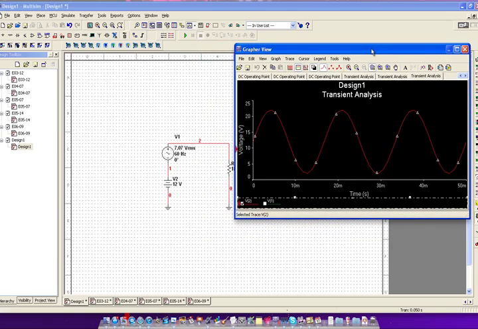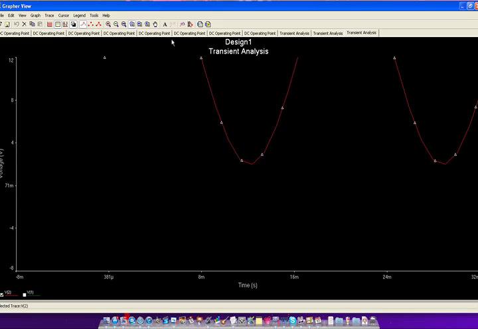So as we can see here the graph, the voltage with respect to time. We can get the point from the highest point here. This is the maximum, and the lowest point here is the minimum voltage. Let's zoom.